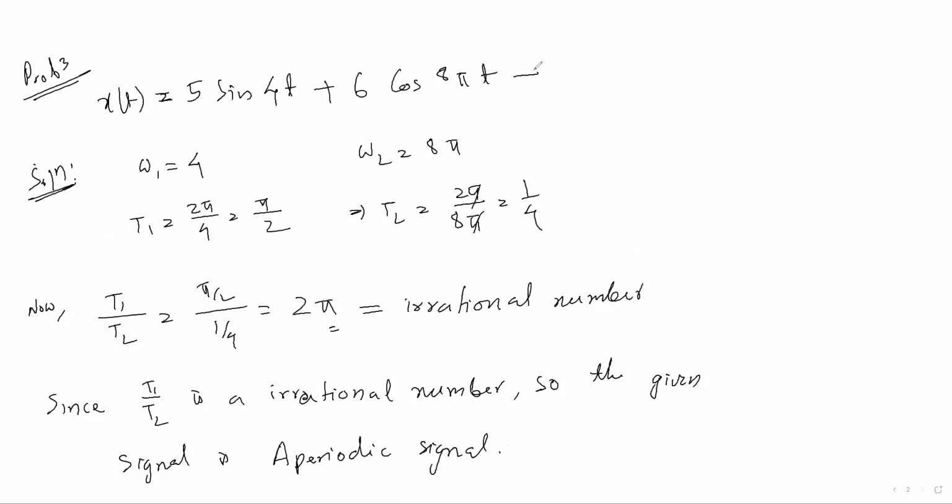The question says examine or check the periodicity, whether the signal is periodic or not. So we have come to the conclusion that the signal is aperiodic. That's why we have no need to go further to find the period of the signal, because the signal is aperiodic.